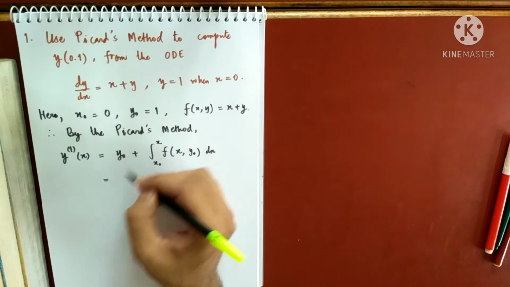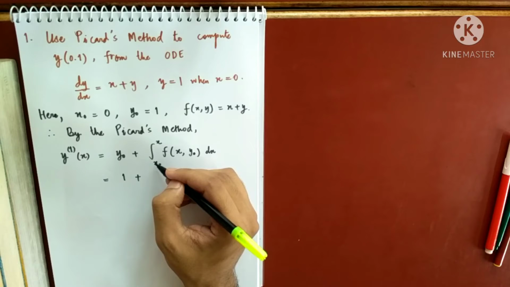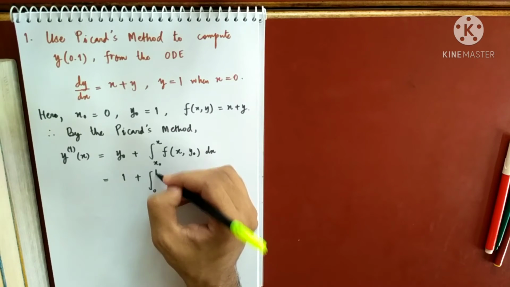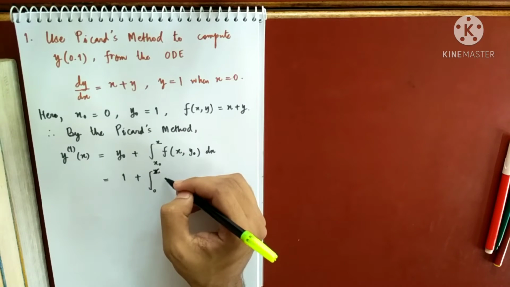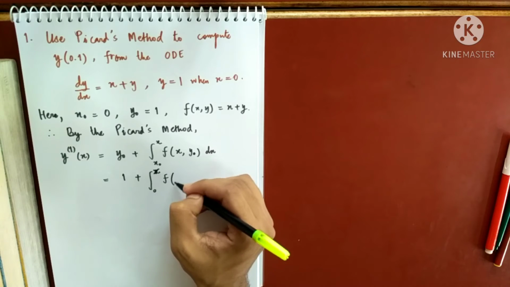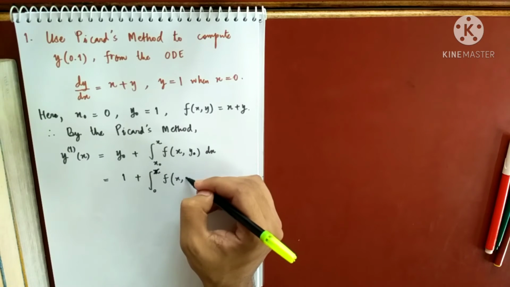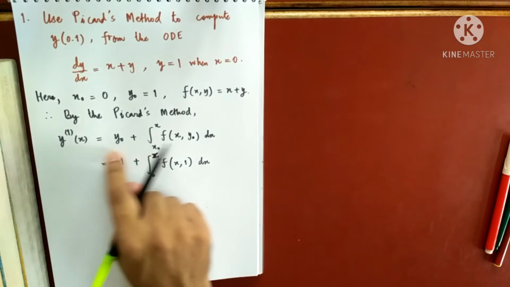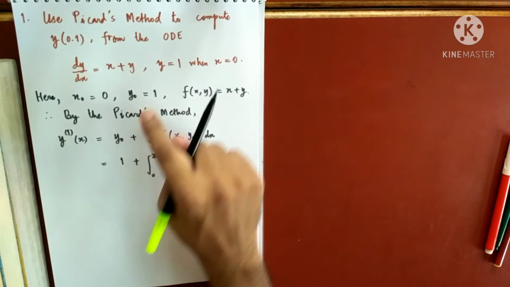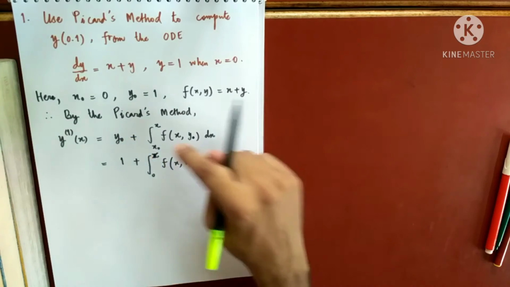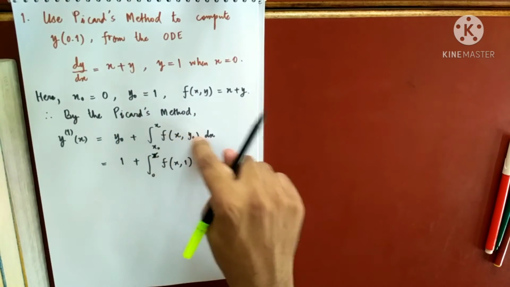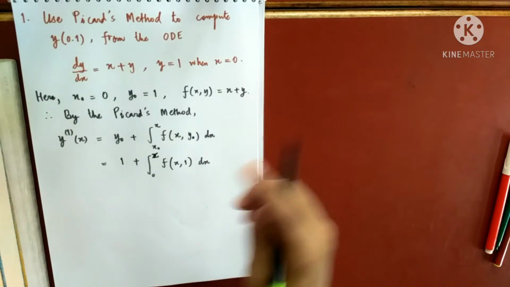Y naught is 1, integration x naught to x, sorry, 0 to x. X naught is 0, x remains x, f of x comma y naught becomes f of x comma 1, dx. So this is the first iteration.